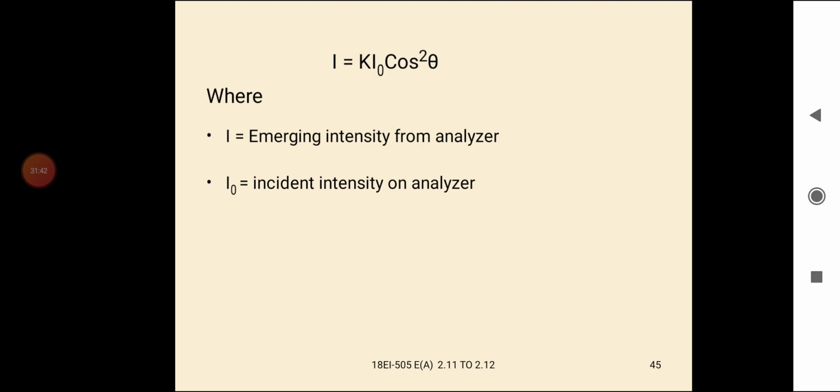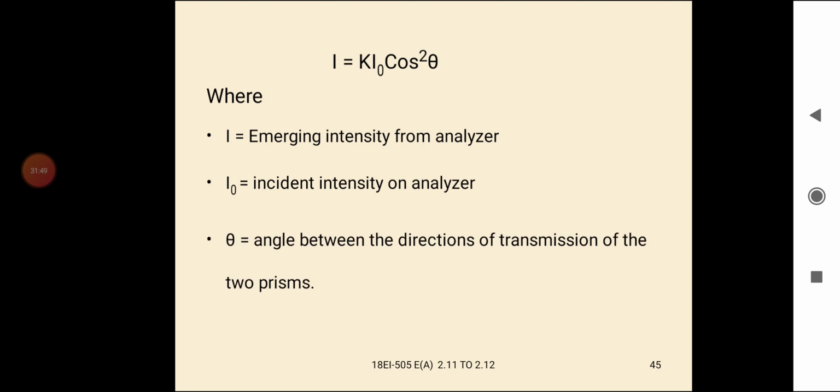I naught is the incident intensity on the analyzer. Theta is the angle between the directions of transmission of the two prisms. K is the constant of absorption and reflection, approximately equal to 1.